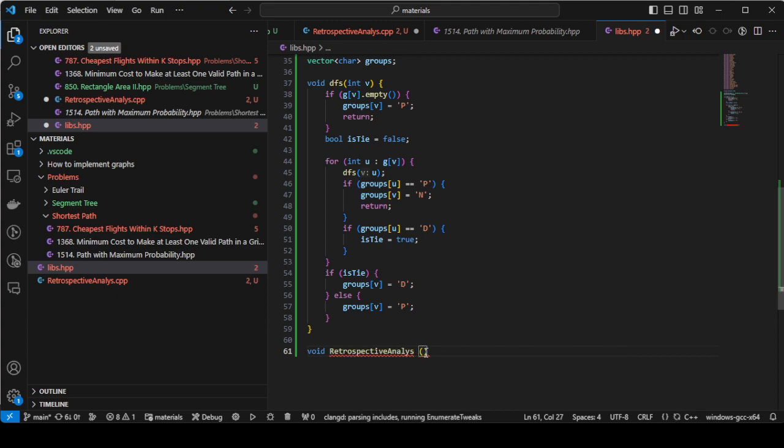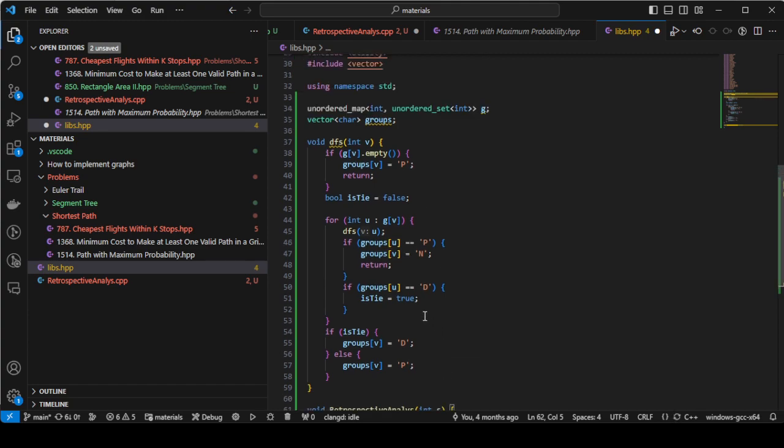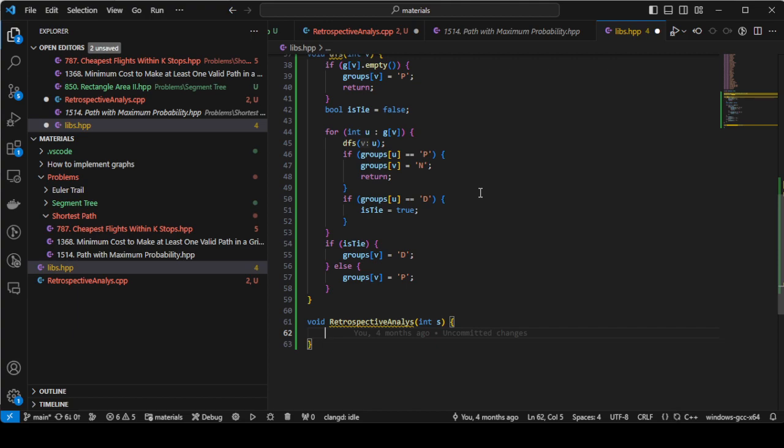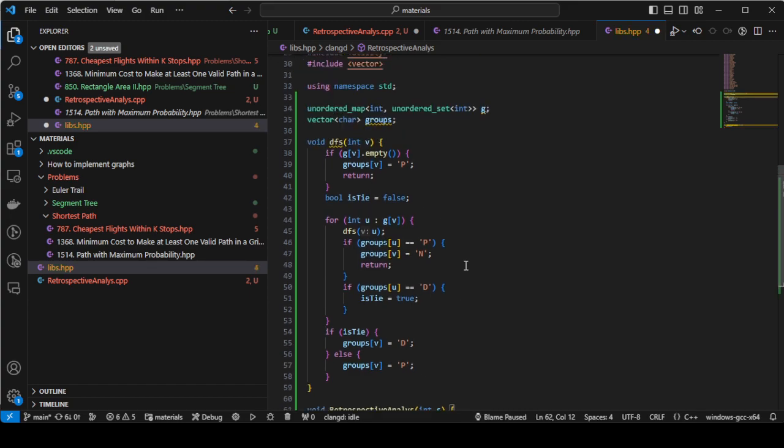And it just takes some vertex. Suppose we have already our graph, and we just launch DFS of this vertex.